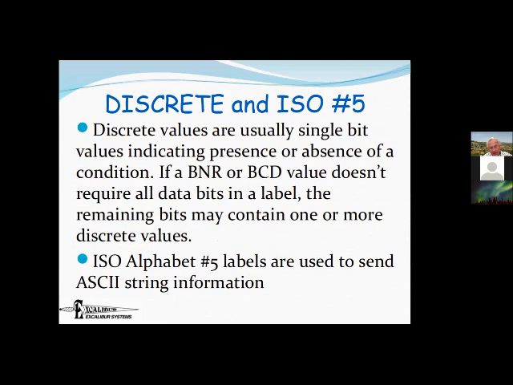So the same device that's getting data from one guy might be sending data either to the same box, like the flight computer, or possibly to a different box. Certainly when you get into something like inertial navigation systems that are very central to the flying of the plane, they could be connected to a lot of different things. Okay, and the ISO alphabet is ASCII strings, as we said.